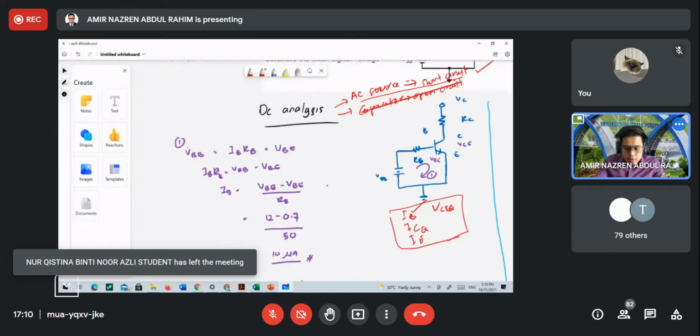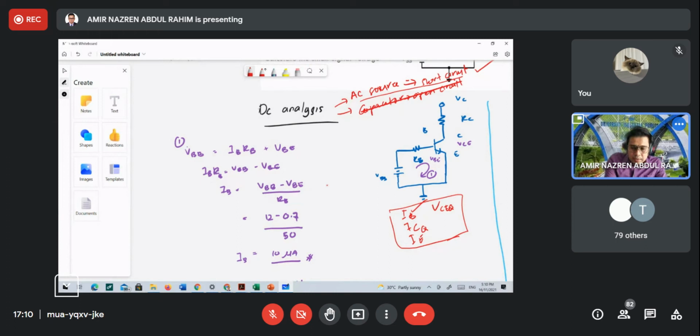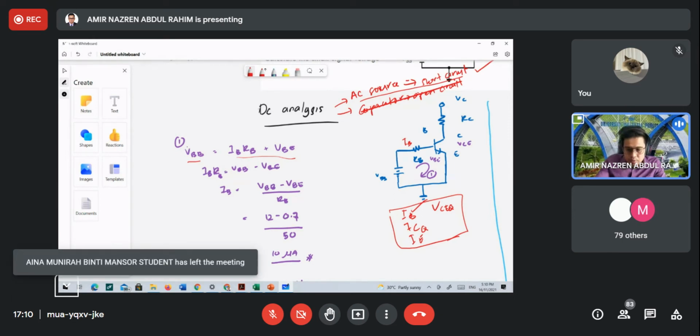So from the formula, it's easy using mesh analysis or nodal analysis. We already know that voltage source equals voltage load. So our source is VBB equal to IB RB, and we have VBE here, plus VBB.